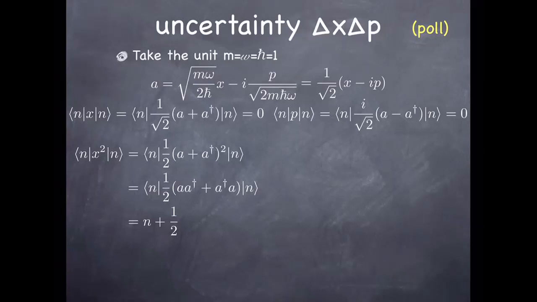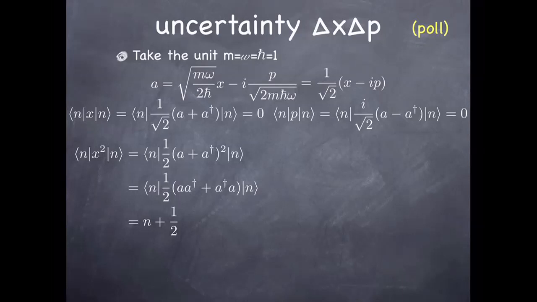But writing that way, a a dagger minus a dagger a is nothing but the commutator [a, a dagger] plus a dagger a. And a dagger a is now number operator, that pulls out another n with a half in front. So n over 2 we had before, n over 2 we got now, add up to just n.